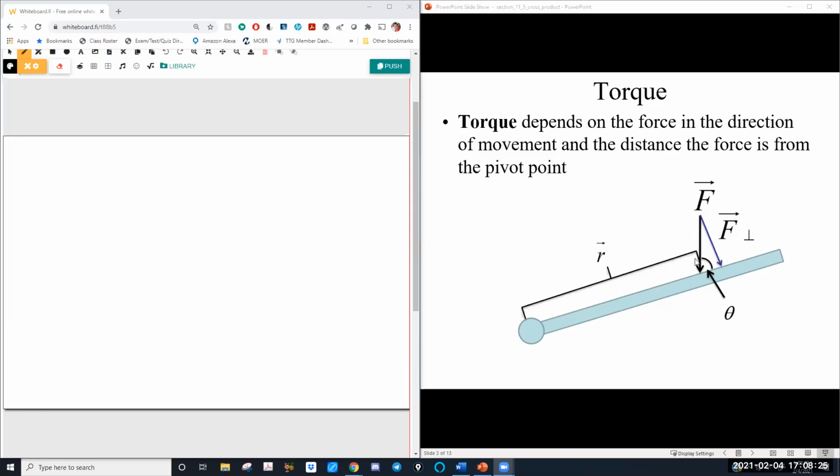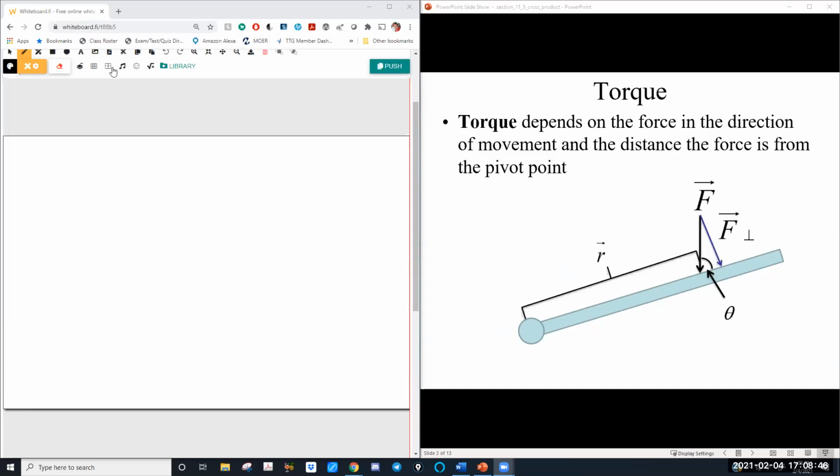So we're going to be able to use sine to get this, because that F perpendicular component is going to be the magnitude of the vector F, because that would be the length of this vector, times sine of theta. Again, that comes from right angle trig.